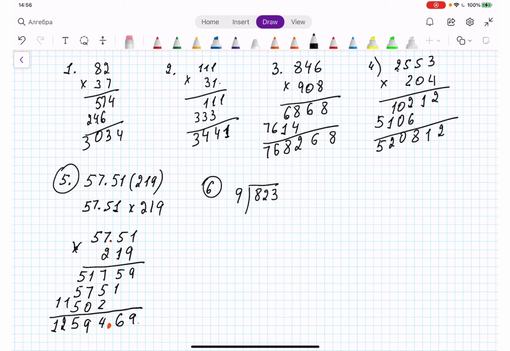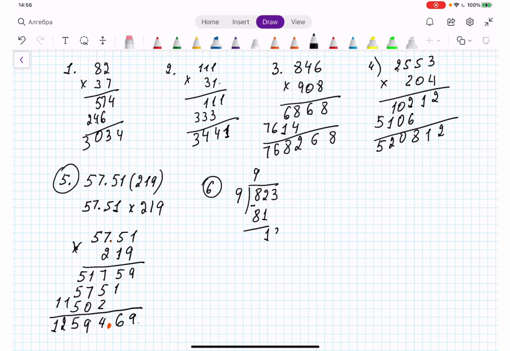We can't divide by 9 because 8 is less than 9. So we are next taking 82. 82 divided by 9, it's going to be 9. So 9 times 9 is 81. We need to find the remainder. How much will be left, right? 82 minus 81, it's going to be 1. So subtracting.